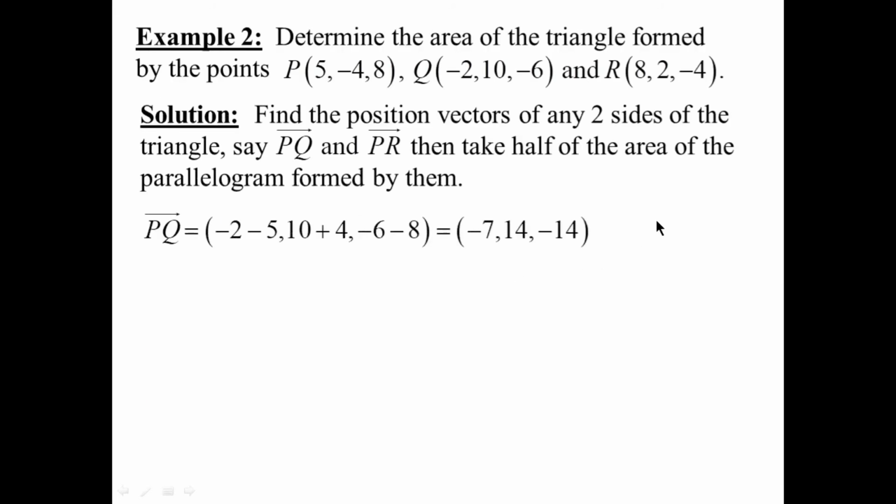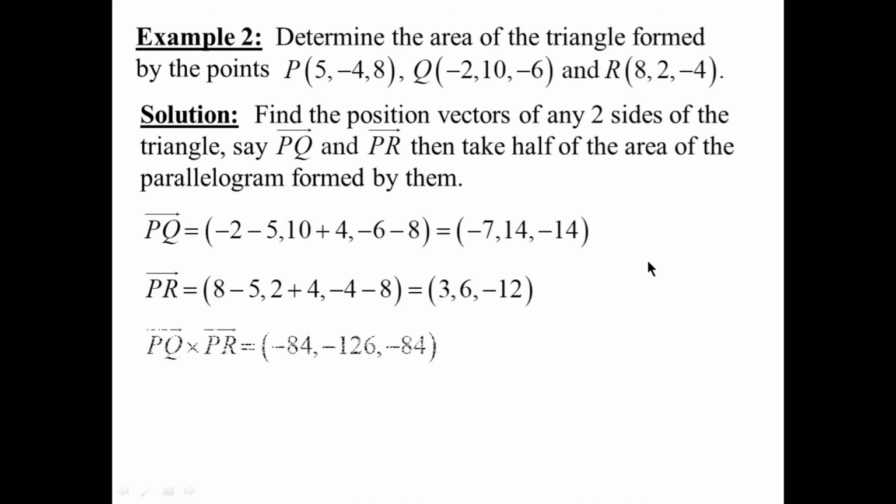So we'll find, say, PQ, which we know how to do very easily, subtracting backwards: -2 subtract 5, 10 subtract -4, -6 subtract 8. And PR, again, 8 subtract 5, 2 subtract -4, -4 subtract 8. And we've got our 2 vectors, and we know that the area of that triangle will be half of the magnitude of the cross product. So let's find the cross product. Now, I just went ahead and did it.